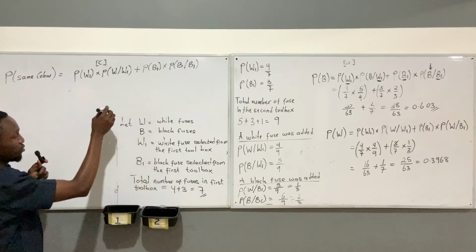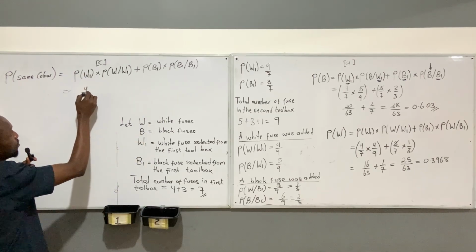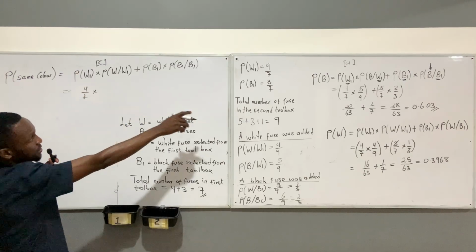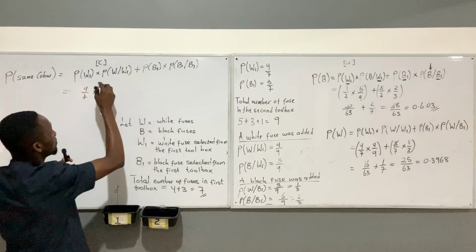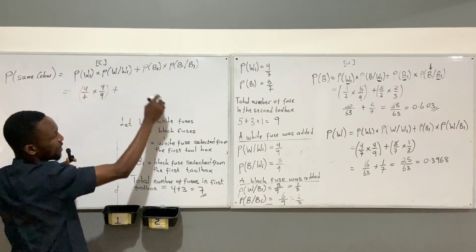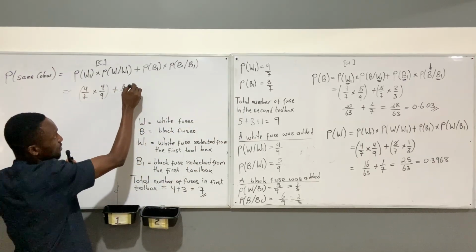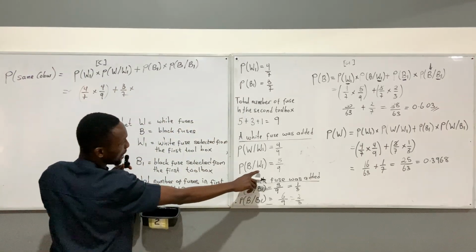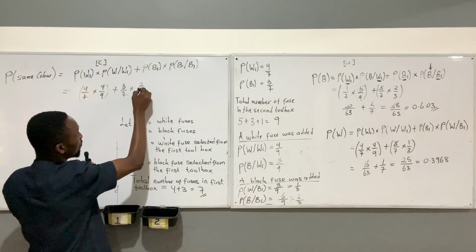Okay, so when we input the answers, we have 4/7 times, for white, 4/9, plus black, which is 3/7 times 2/3.